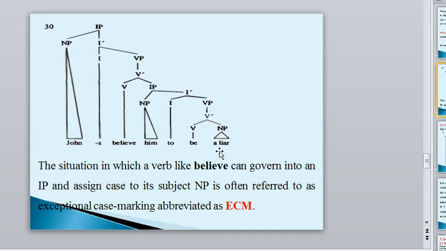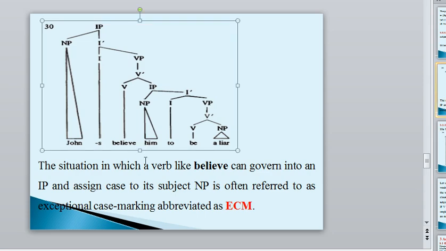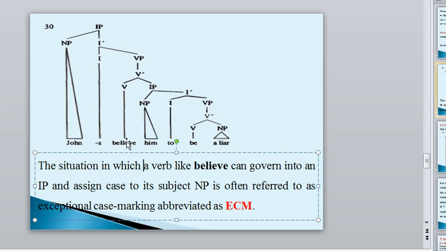The situation in which a verb like believe here can govern into an IP and assign case to its subject NP is often referred to as exceptional case marking, abbreviated as ECM. So here, as you see in this tree diagram, believe is a case assigner, so it governs the NP inside IP, the subject of the subordinate clause, and gives it an accusative case.